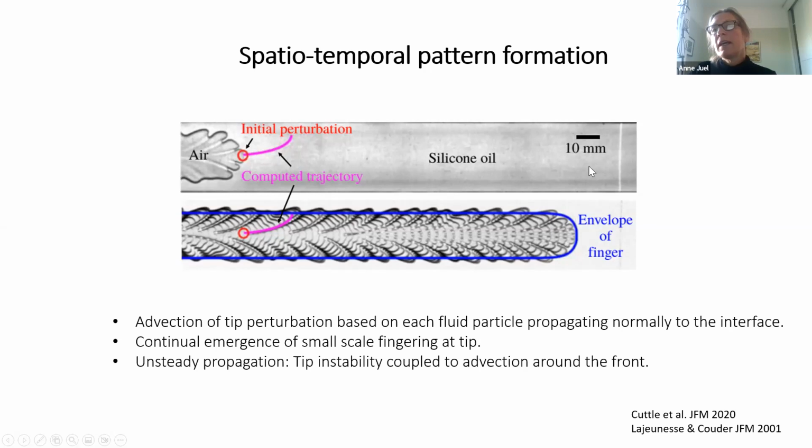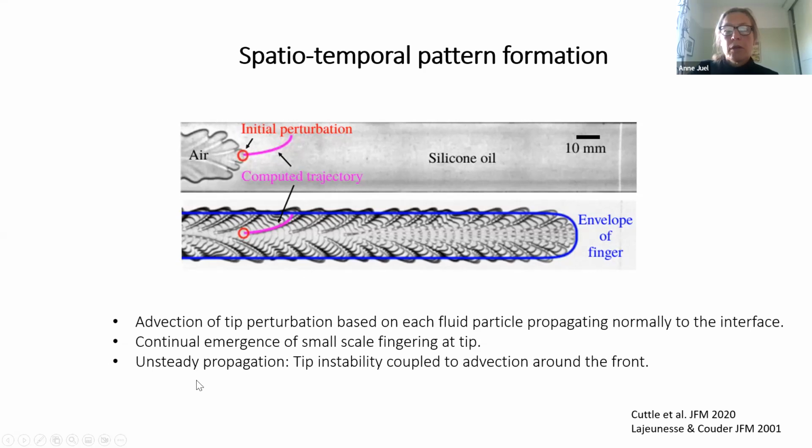So essentially, this gives you an inkling of the fact that every time you have a curved front as opposed to a flat front, you're going to get advection of any perturbation on your interface, and that's basically going to get advected sideways as the finger moves forward.